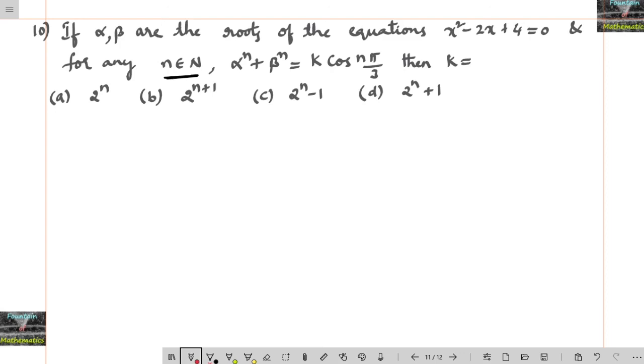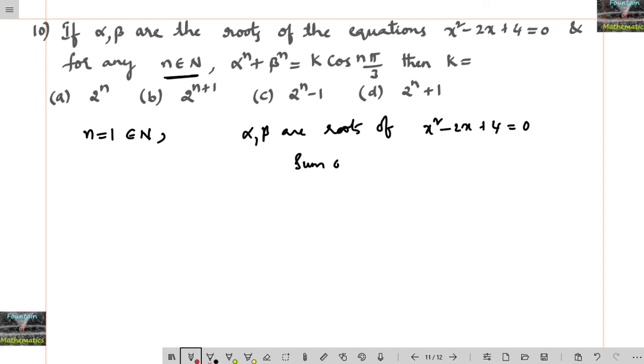Since n is any natural number, we consider n is equal to 1, and since alpha and beta are the roots of the equation x square minus 2x plus 4 equals 0, we can write the sum of the roots alpha plus beta is equal to minus of minus 2, that is 2 upon 1.